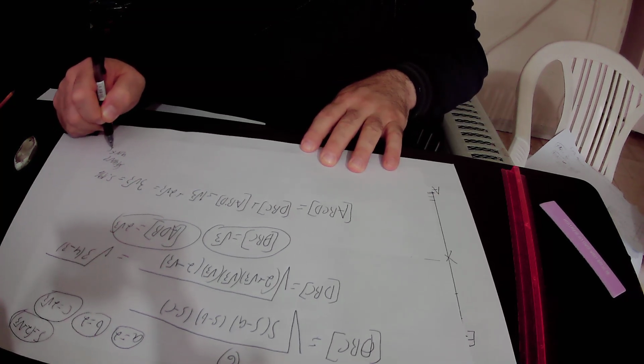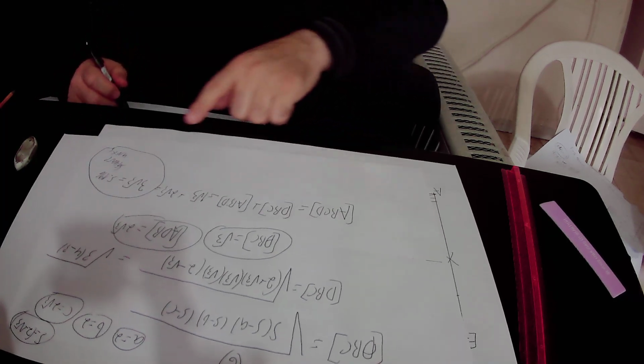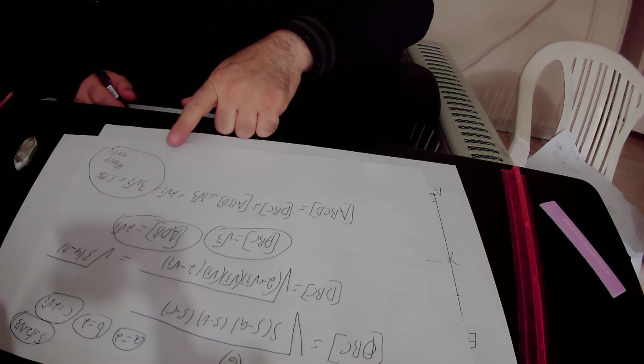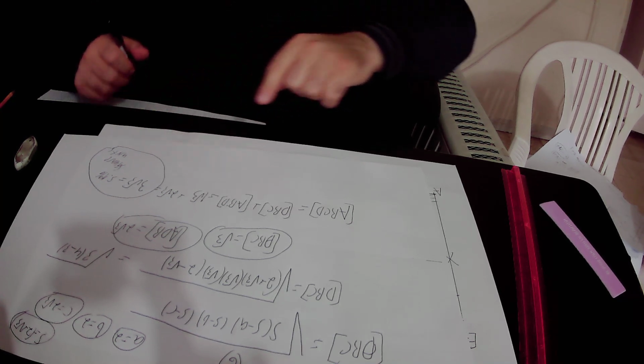I repeat again, we found out that the area of quadrilateral ABCD equals either 3 times square root of 3 square units, or in terms of numbers, 5.196 square units.